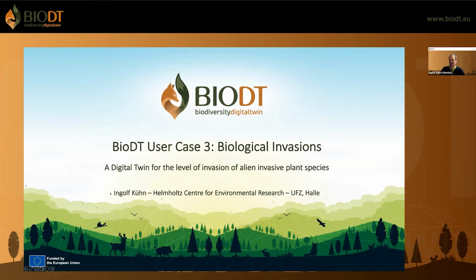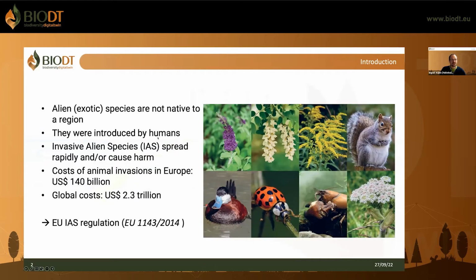Thank you very much, Dmitry, for this introduction. Hello, everyone who's there. First, you may want to know what are biological invasions, or what are invasive alien species. To go into this, one probably has to know what alien or exotic species are at all. One can easily say they are those species that are not native to a region, just by defining by the opposite.